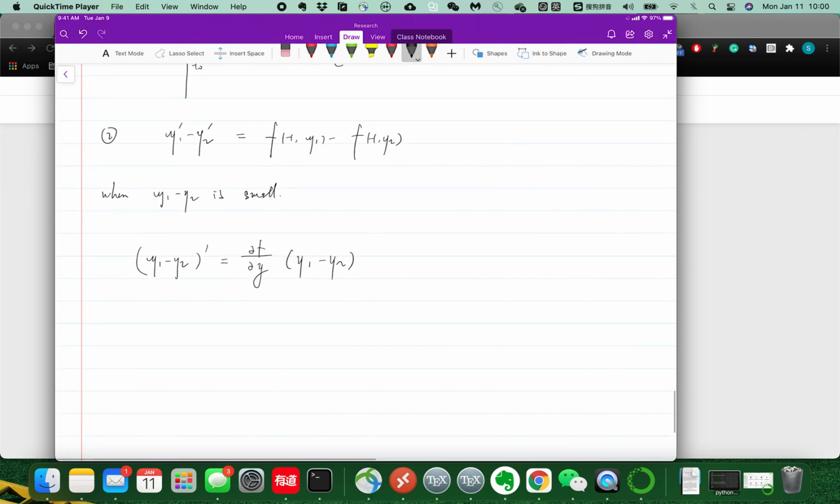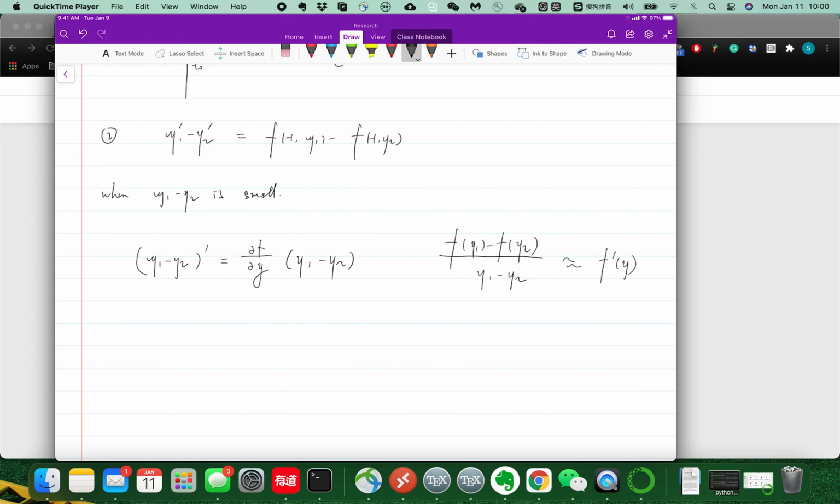The idea is similar: f(y1) minus f(y2), divided by y1 minus y2, is almost like f prime of y, given that y1 and y2 are close to each other.